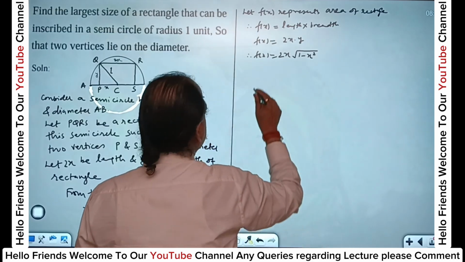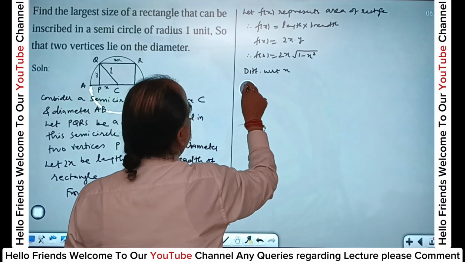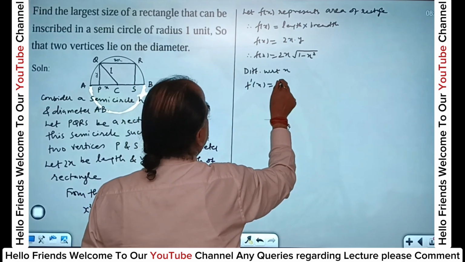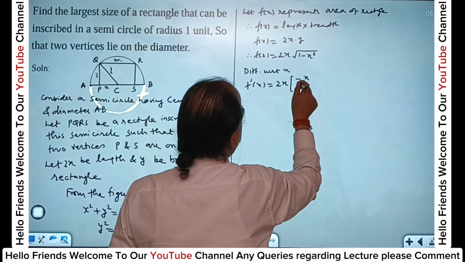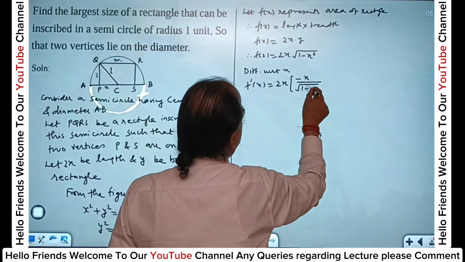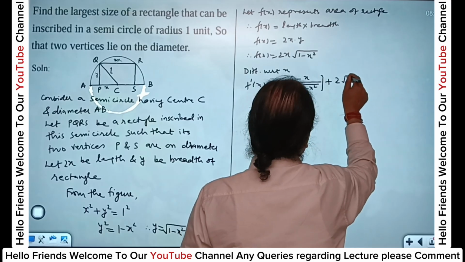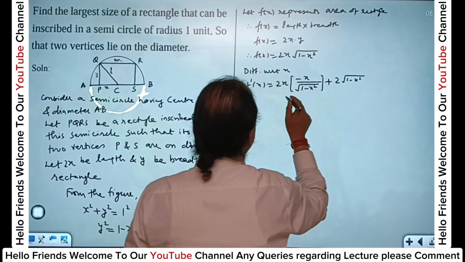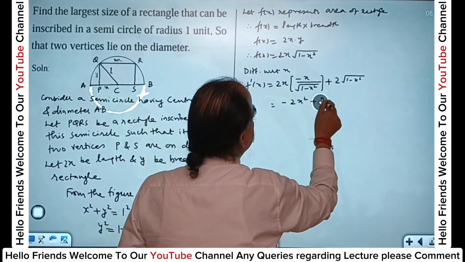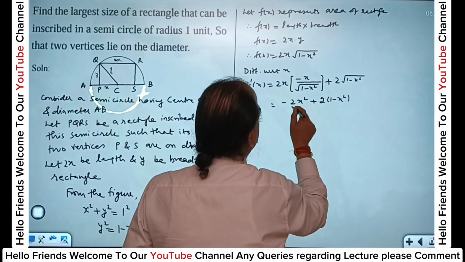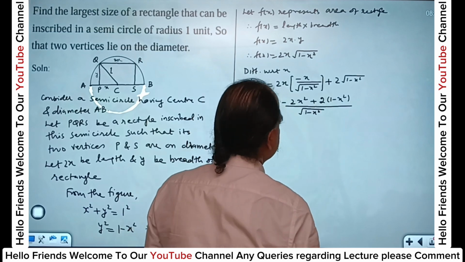Now differentiating with respect to x, f dash x is what? 2x, derivative of this is minus x upon root, plus root into derivative of 2x is 2. 2 root 1 minus x square minus 2x square plus 2 into 1 minus x square upon root 1 minus x square.